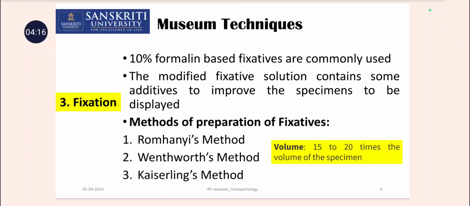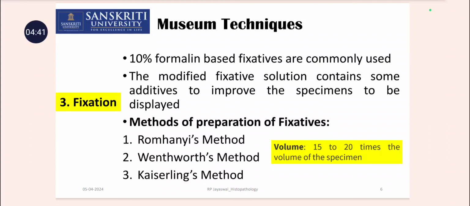The modified fixative solution contains some additives and it helps to improve the specimen for display. The methods of preparation of fixatives are given here: Haney's method, Wentworth's method, and Kaiserling's method. The most common method is Kaiserling's method.